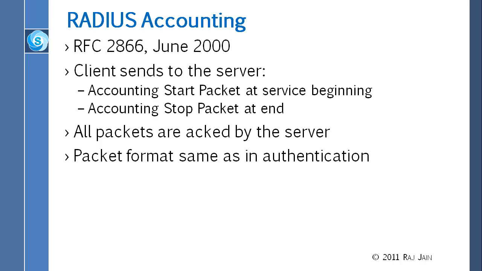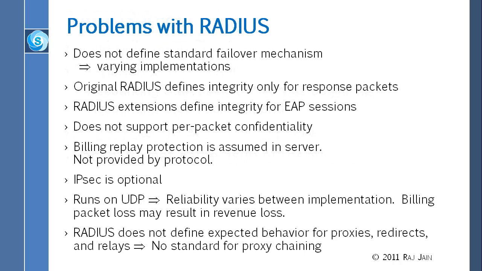Obviously you will have some kind of protocol between them so that things are encrypted on the internet and decrypted at the NAS, but that is all not defined. The first set of problems is that it does not define a standard for a failover mechanism. So everybody has implemented it differently as to how you fail over if you can't find the RADIUS server.